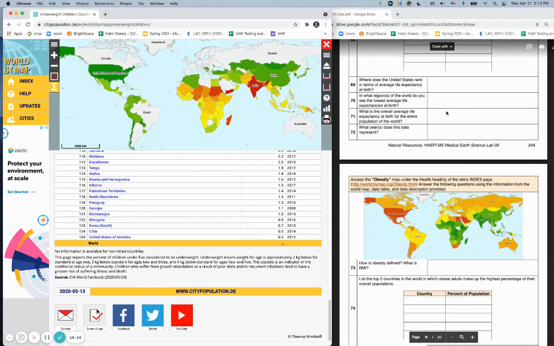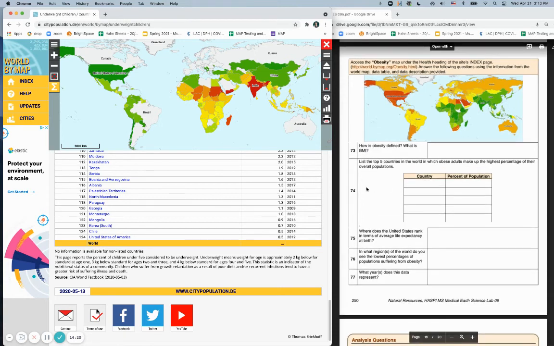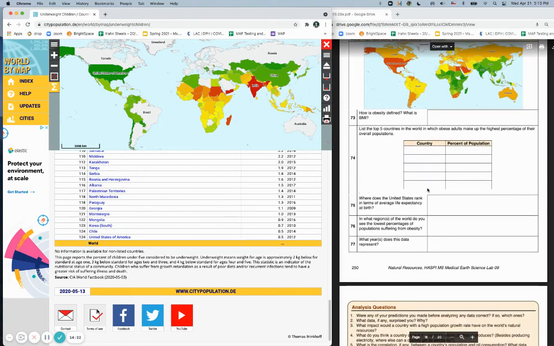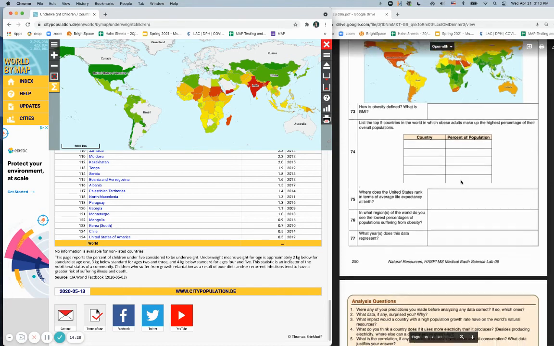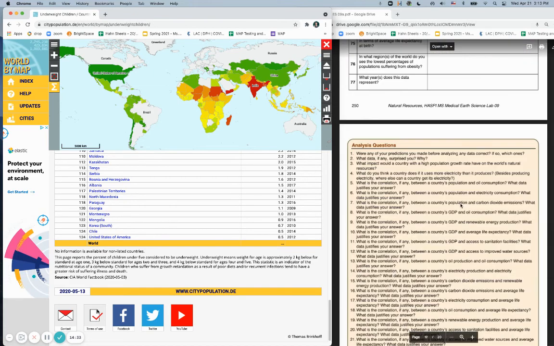And you'll look at where the United States ranks. Obesity, which countries have the highest rates of obesity? I'm a little scared to look at that one. And how is it defined? What is BMI?